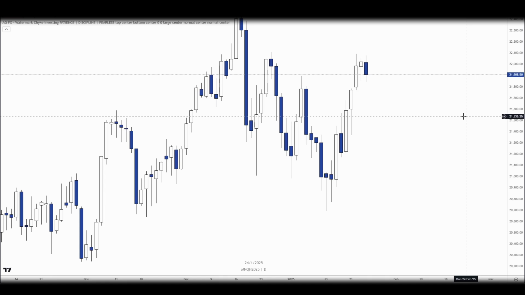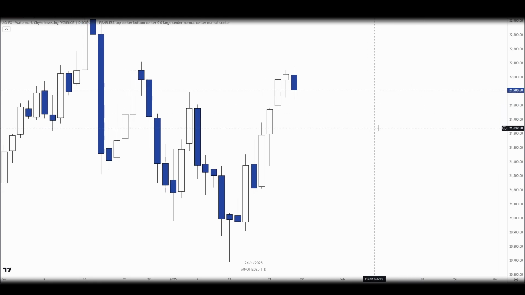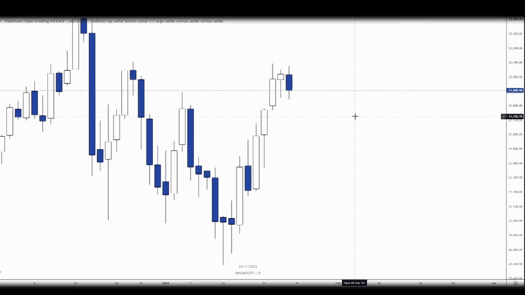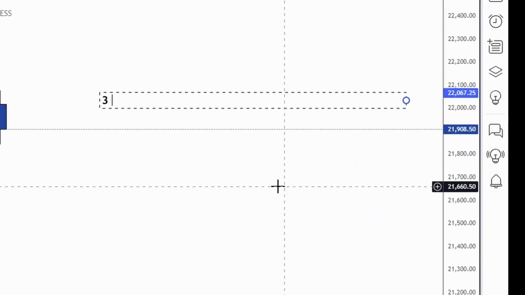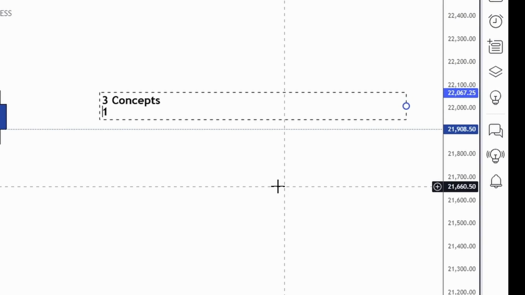We're going to break it down into a couple parts. In order to understand how to utilize the strategy, there are three main concepts you need to understand. Three concepts. One, higher time frame bias, drawing liquidity, or let's just call it bias.